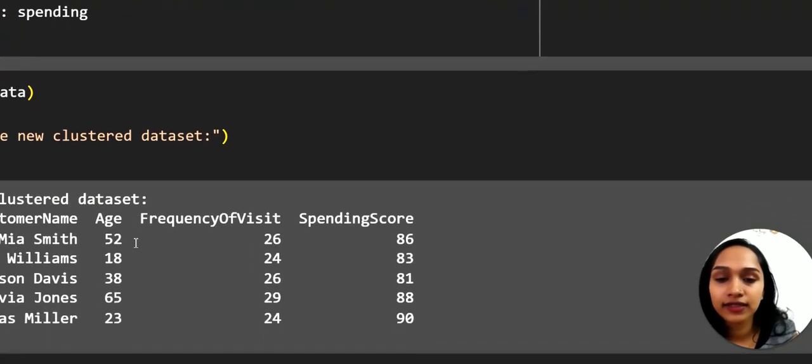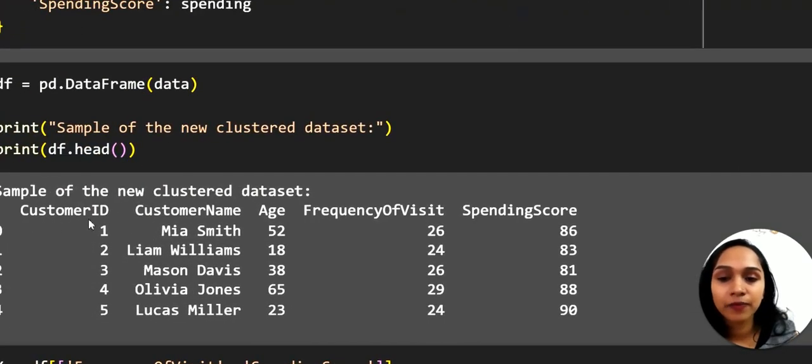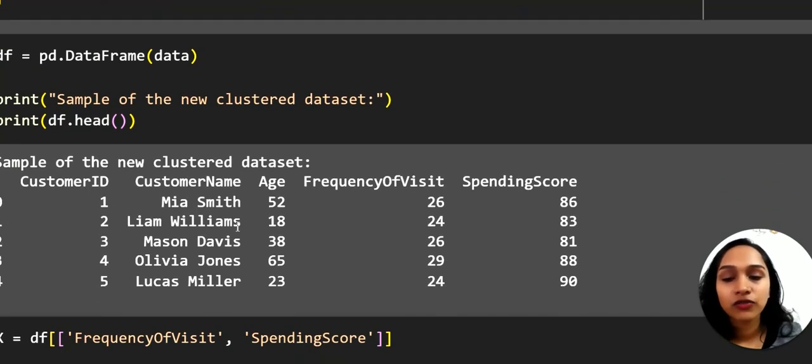So here is our sample data. We have the customer ID, customer names, their age, their frequency of visit, and their spending score. If you see here, this third person is 38 and he visits 26 times a month.